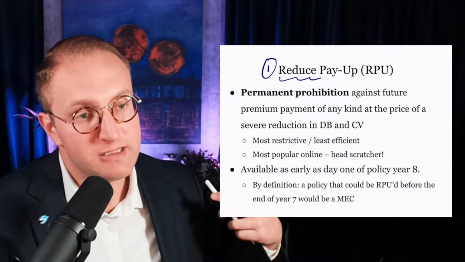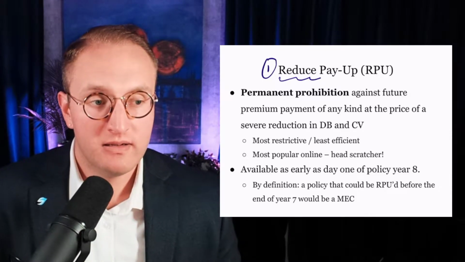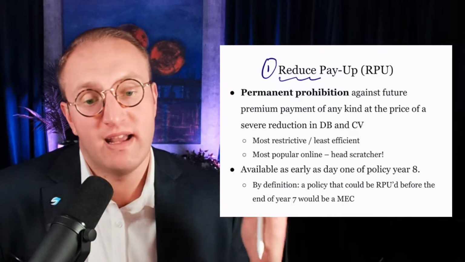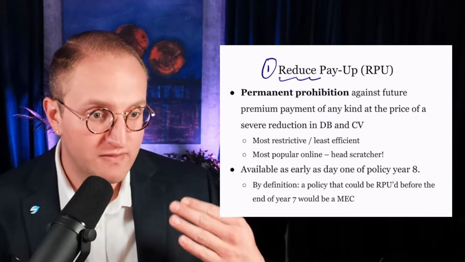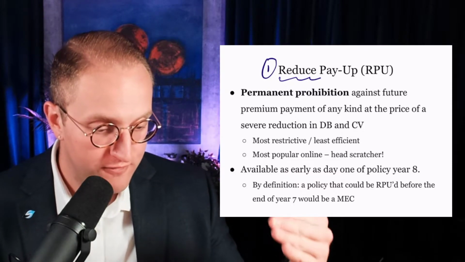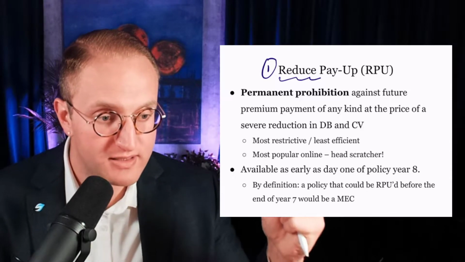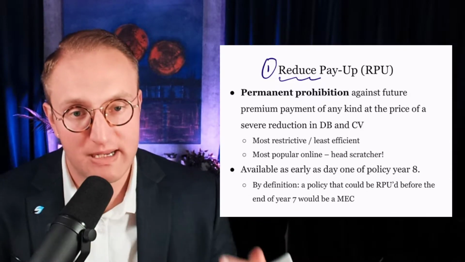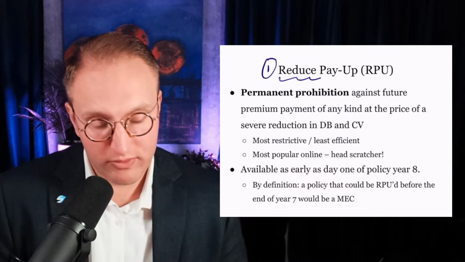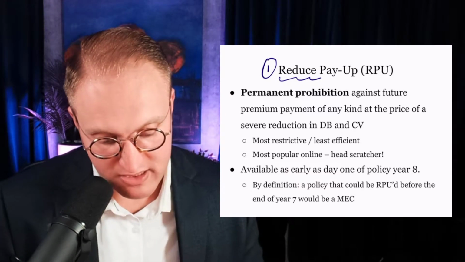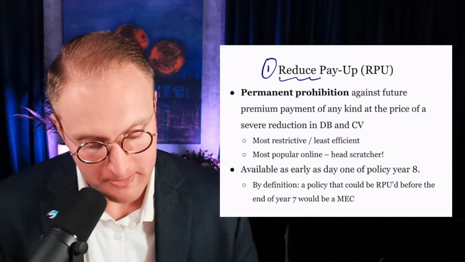If I have a policy that's paid up at age 95, and I'm 10 years into the policy, and I want the death benefit to be fully paid for, in other words, I don't want to have to pay additional premium in the future, I could reduce the year in which the policy is paid up to, in this example, year 10. So that's all reduced paid up is. I'm reducing the year in which the initial death benefit becomes paid up.